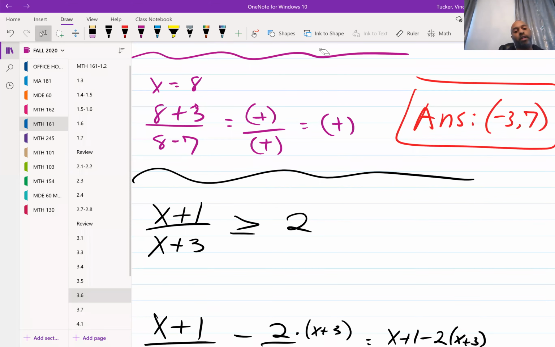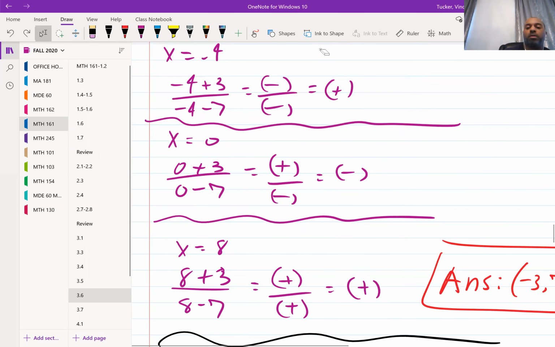This next one, we have (x + 1)/(x + 3) is greater than or equal to 2. We notice that we have 2 on one side. The first move we want to make is to set one side equal to 0.